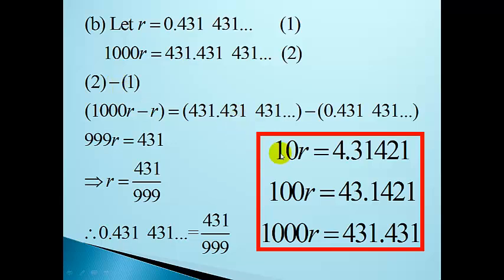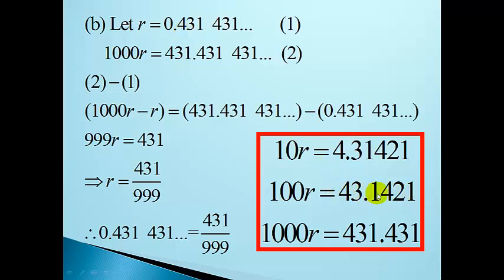Now, when we multiply the left hand side R by 10, we have 10R. And when we multiply the right hand side by 10, we have 4.31431. The recurring pattern has changed. That is why we did not consider multiplication by 10. When you multiply R by 100, you have 100R on the left hand side. But when you multiply the right hand side by 100, you have 43.1431.